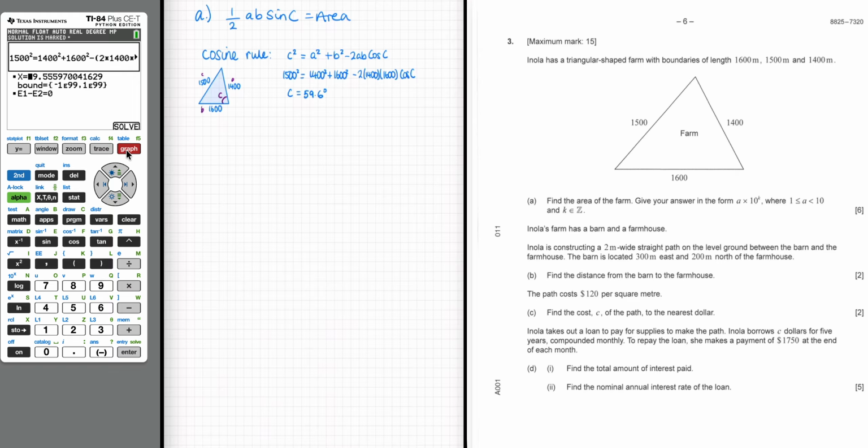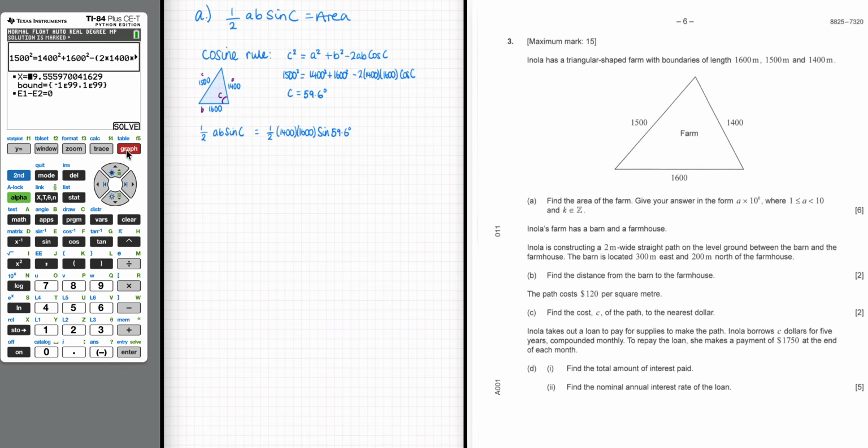Once we know the angle, we can then substitute that in to find the area of our triangle. So the area of a triangle is half AB sine C. We now know the C, so it's just 1/2 of A times B times sine of the angle that I just found, which is 59.6.